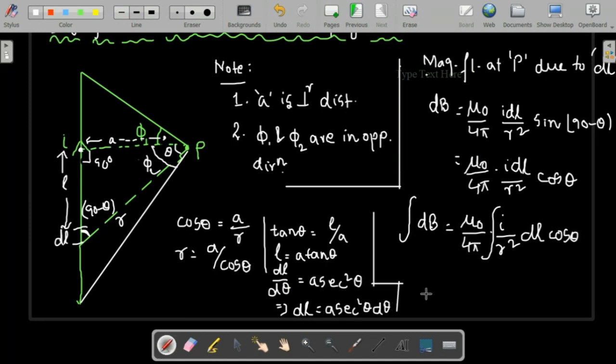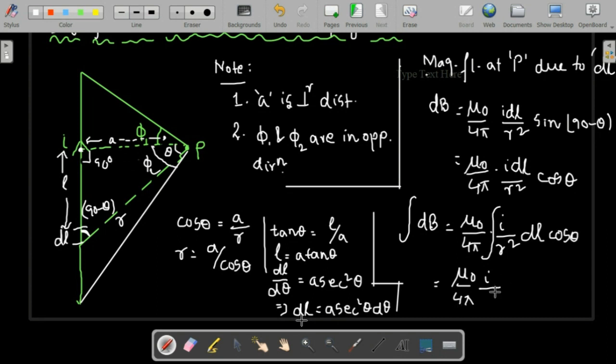So now what we can do is try replacing these quantities. First is mu naught divided by 4 pi into I divided by r square. You see this is r, the distance that we have, and r is written as a by cos theta. So a is this perpendicular distance, which is more or less a constant.